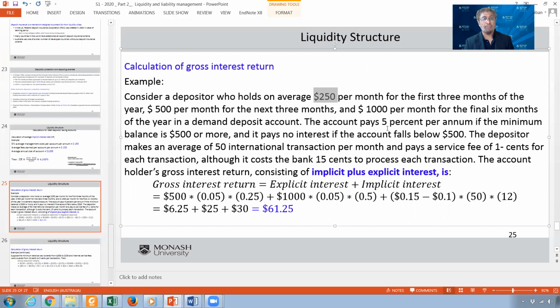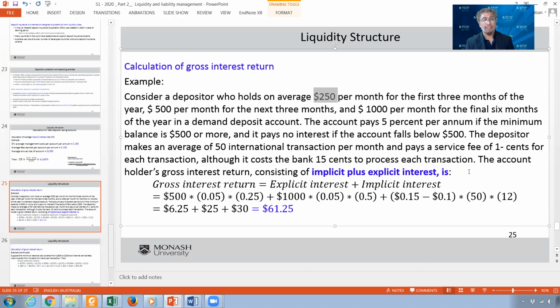The account pays 5% per annum if the minimum balance is 500 or more, and pays no interest if the balance is less than 500. The depositor makes an average of 50 international transactions per month and pays a service fee of 1 cent for each transaction. Although it costs the bank 15 cents, you pay only 1 cent.